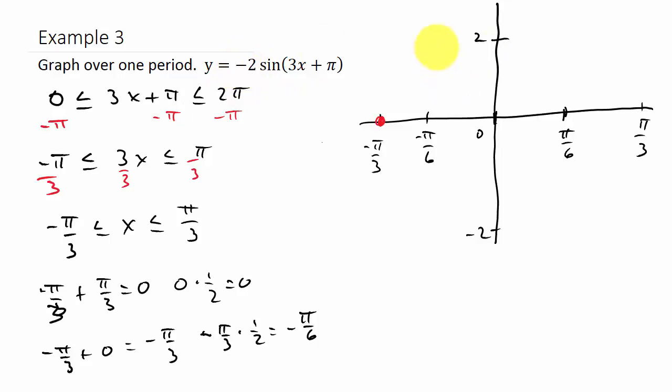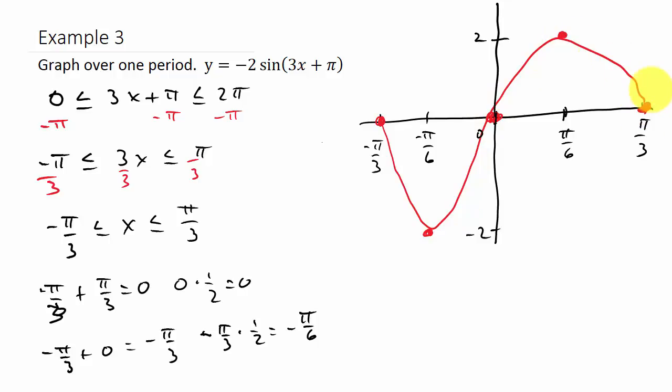So instead of going to its maximum, since it's a negative, it's going to go to its minimum. Okay, and then it goes back to 0. And then remember, sine's supposed to go to its minimum, but since it's a negative, it's going to be its maximum and then back to 0. And so when we draw our graph in, it's going to look something like that.